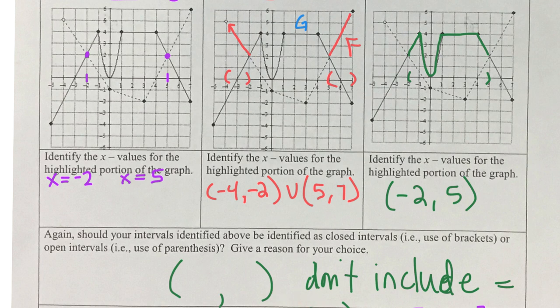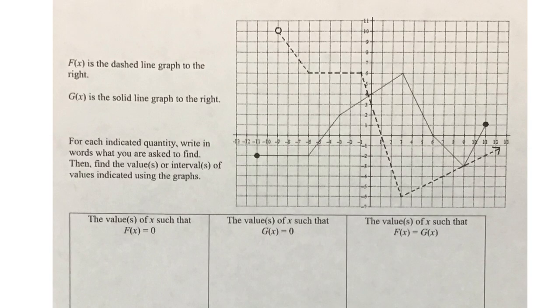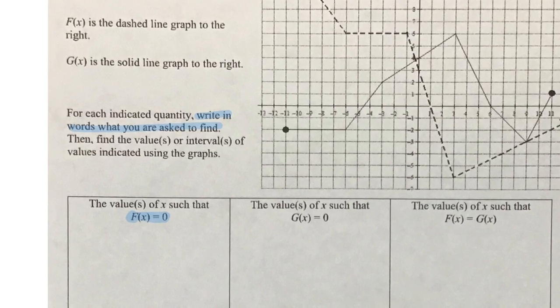Okay, so let's see, what else do we have? We're asked to do some writing here, right? We're asked to write the words, what you're asked to find. So if we're asked to find all the values where f of x is equal to 0, what are they asking us to find?